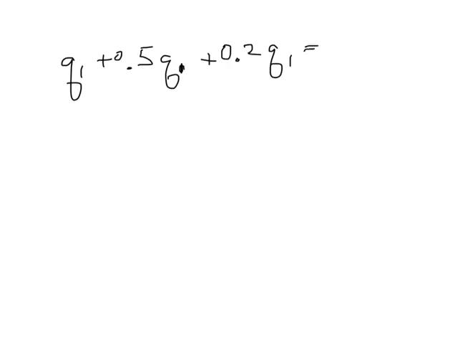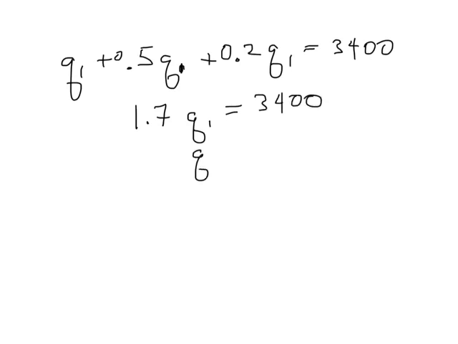Subbing 3 and 4 into 1 gets us Q1 plus, remember Q2 is equal to 0.5 times Q1, and then Q3 is going to be 0.2 times Q1, so I can just sub in 0.2 times Q1, and all that has to add up to 3,400. So I combine terms, I get 1.7 Q1 equals 3,400. That means Q1 is equal to 3,400 divided by 1.7, which is equal to 2,000.